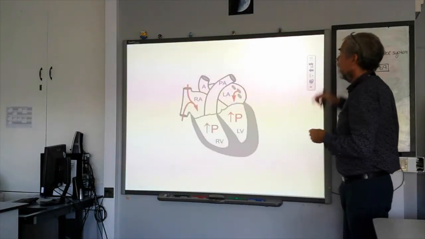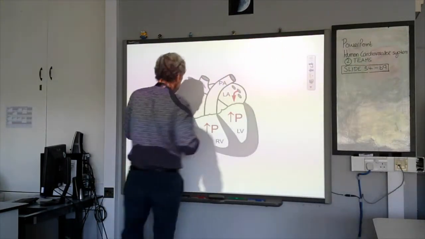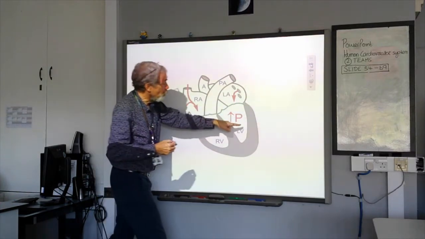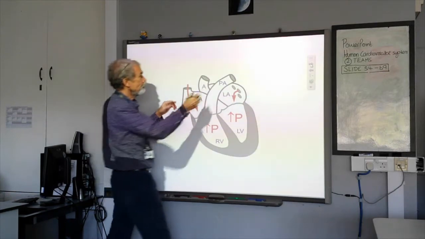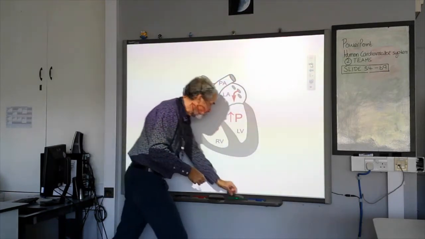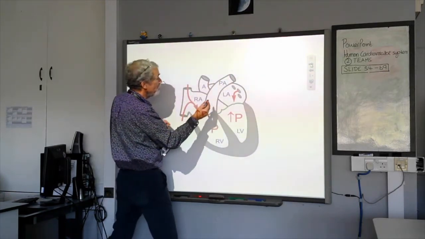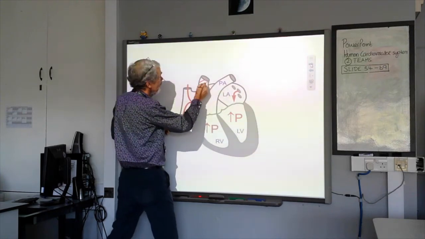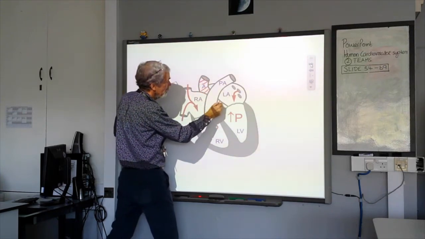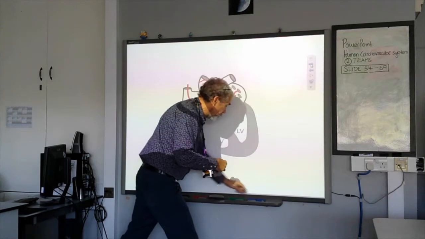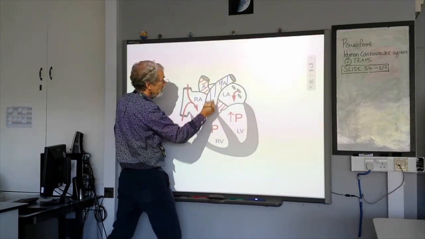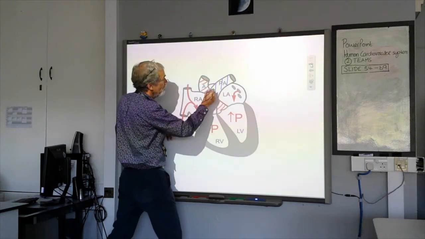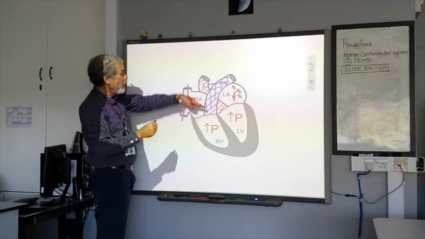So let's have a look at that on the diagram. Here we are. The pressure in both the left and the right ventricle is going through the roof. Remember, we have still got a load of stationary blood in here, and a load of stationary blood in here, in the pulmonary artery and in the aorta.